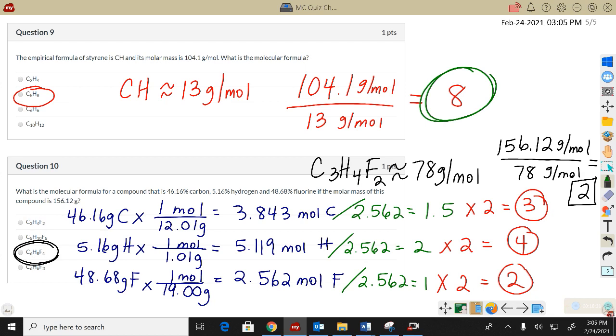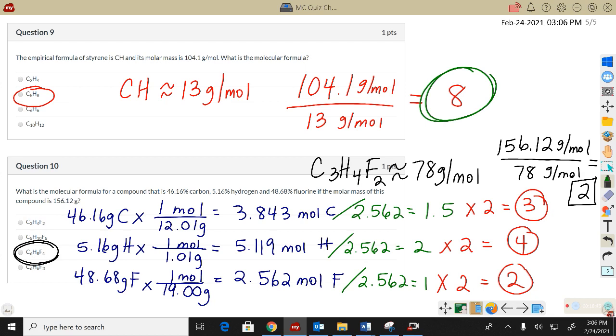Then I get a little empirical formula of C3H4F2. And that is a simple ratio. I cannot simplify that any further. So I just quickly added the molar mass. Looking at the periodic table, I got about 78 grams per mole and compared that to the true molar mass of the compound, 156.